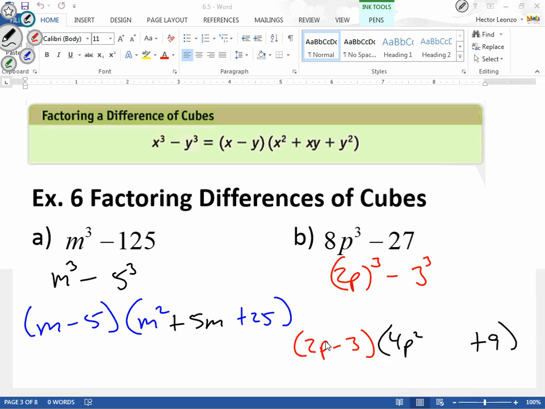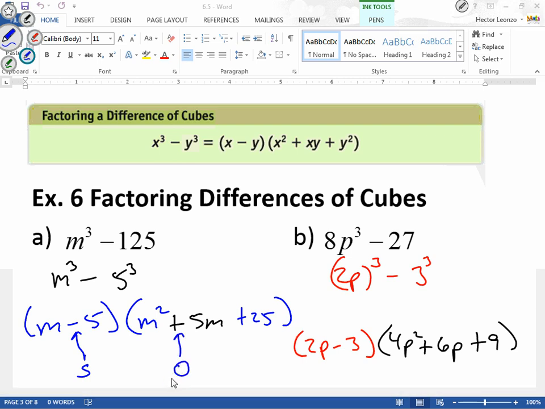Now, for the middle term, the first parentheses has a minus, so I do plus. I will always go opposite sign. And then I multiply these two terms. 2p times 3 gives me 6p. So, matter of fact, when it comes to the signs, the first sign is going to be the same as what we have. The second sign will be the opposite.